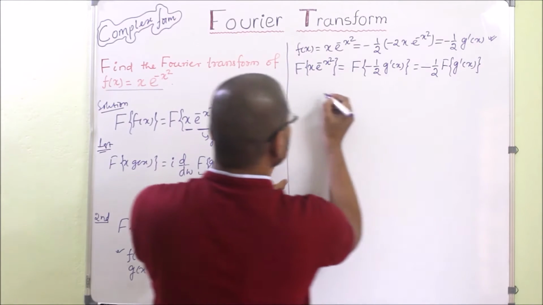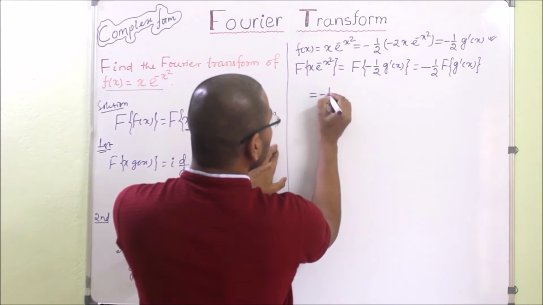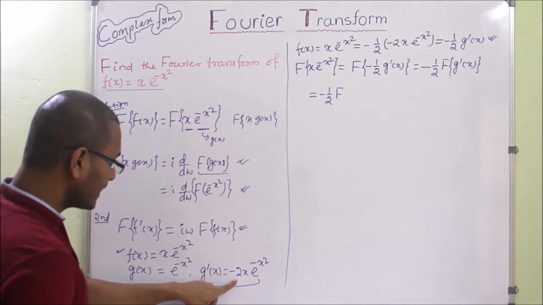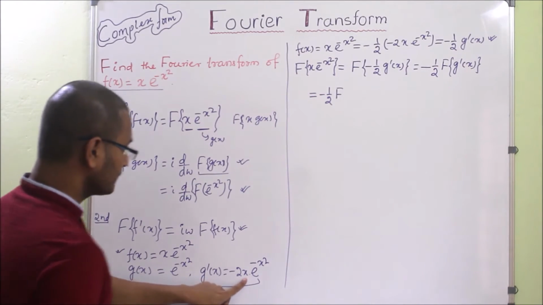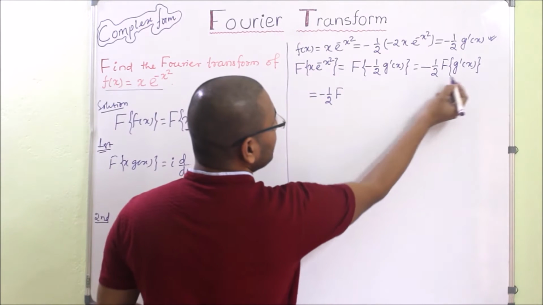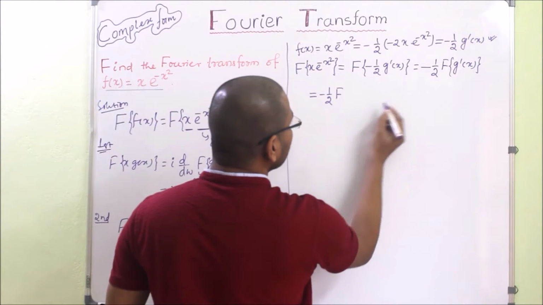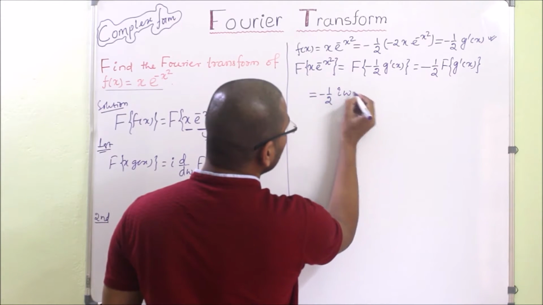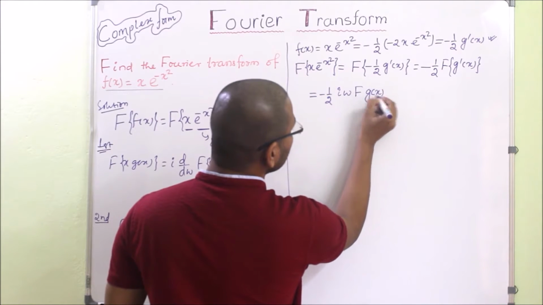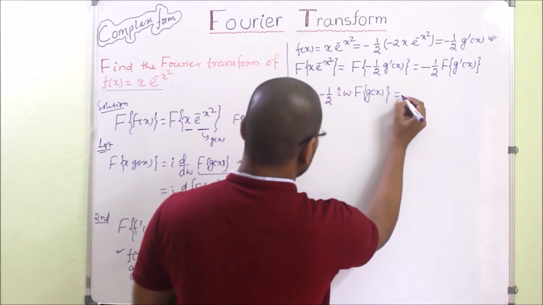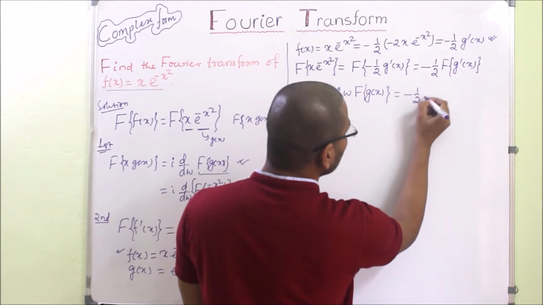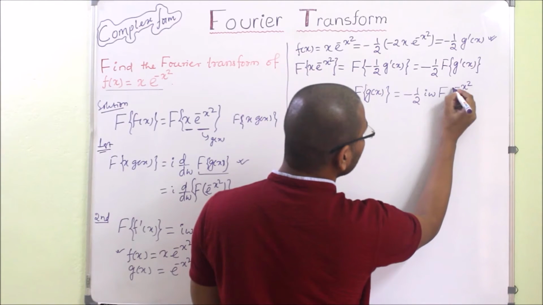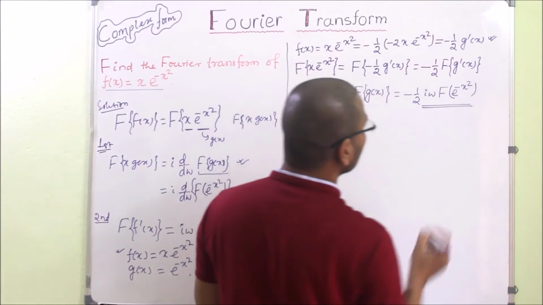But the Fourier transformation of g dash x will be i w Fourier transformation of g of x. So this equals minus 1 by 2 i w Fourier transformation of e to the power minus x square. Are you getting it or not?